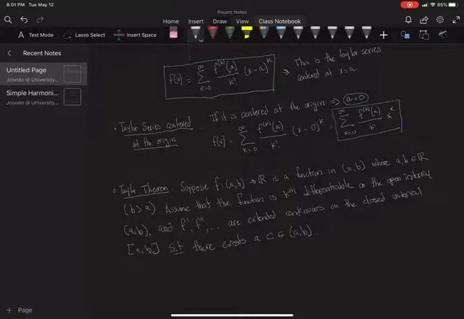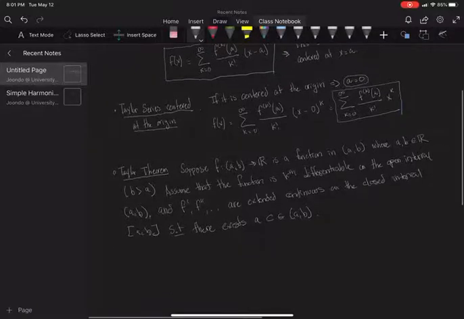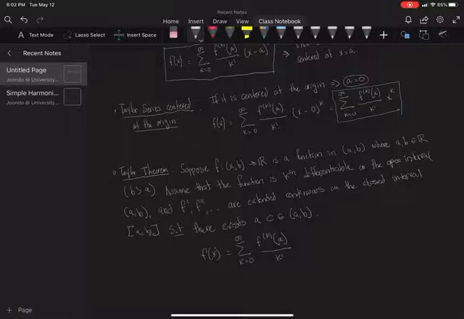And so, if we say that, then we can say that f of x is equal to the sum of k equals 0 to infinity of the kth derivative of f at a over k factorial times x minus a to the kth power.